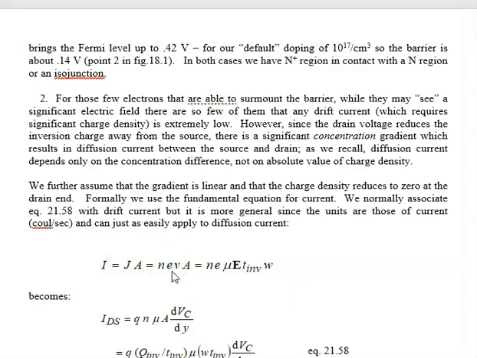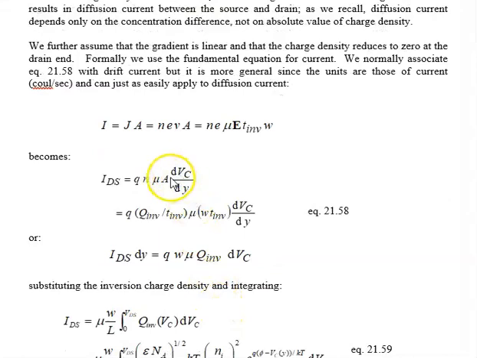This goes back to our first session. We've seen it many, many times. It's the basic equation for current, and we write the velocity is equal to the mobility multiplied by the transverse electric field. That's something we talked about in our last session. And of course, the transverse electric field is just the first derivative of the channel voltage as a function of y with respect to y.